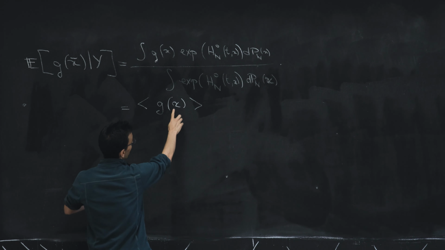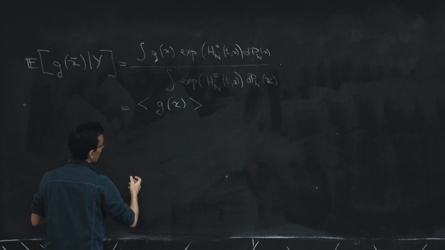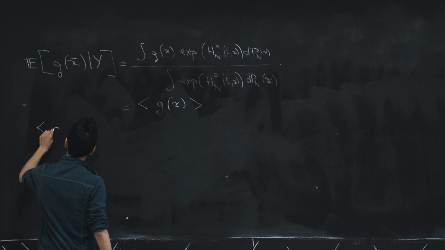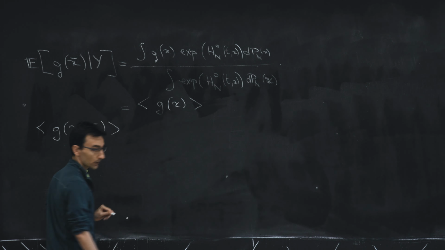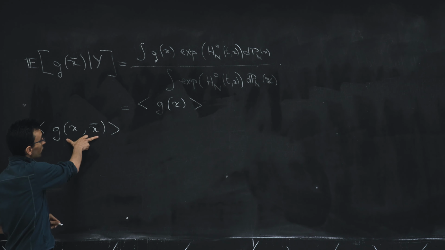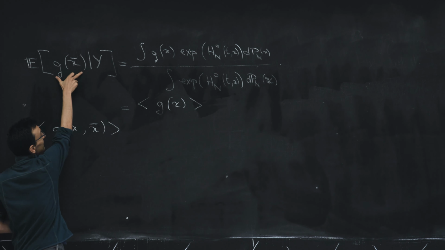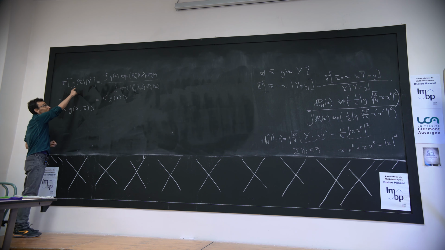The reason I want to do that is that sometimes I'm going to want to write expressions like this, for instance, g of x and x bar. And I don't want you to interpret this as a substitution in there, because if I write g of x bar comma x bar conditioned on y, it's not going to capture this.